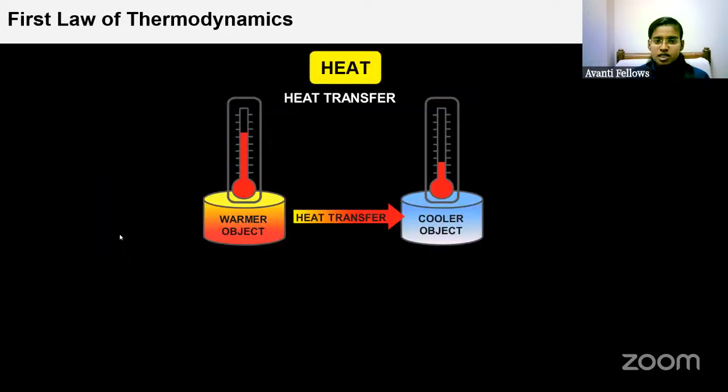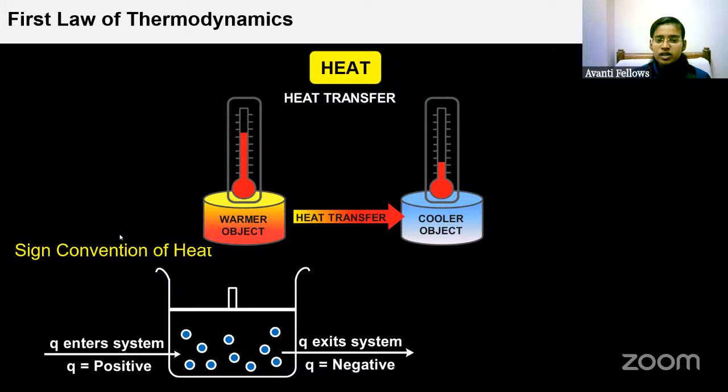Some information about heat. Heat is transferred from a warmer object to a colder object, right? Heat is always transferred from a warmer object to a colder object. So if the heat is entering into the system, what will be the sign convention? Do we need to use plus or minus?